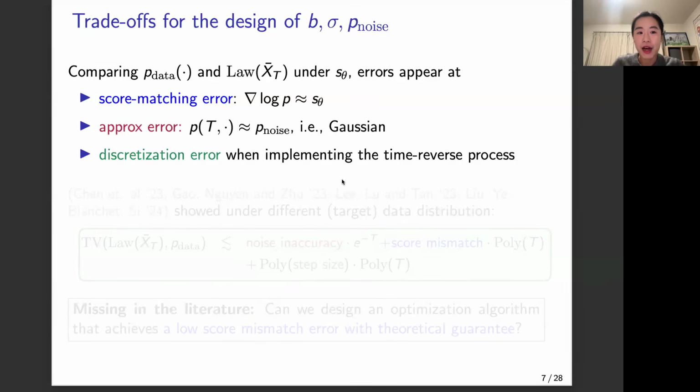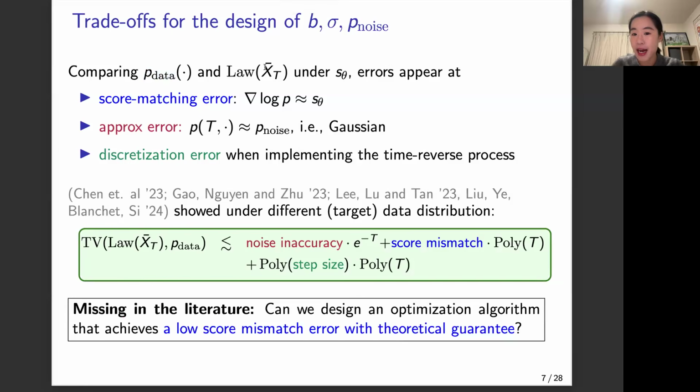And if we look at how these different levels of errors contribute to the mismatch between P data and the law of X bar, there are some very nice results in the past 2 years. They have slightly different assumptions on what the target data distribution looks like. For example, is it a data distribution on a bounded domain, or how fast the tail decays if it's defined on an unbounded domain. So they have slightly different assumptions.